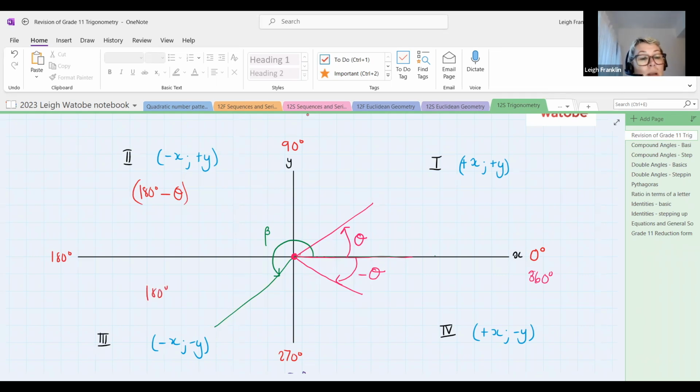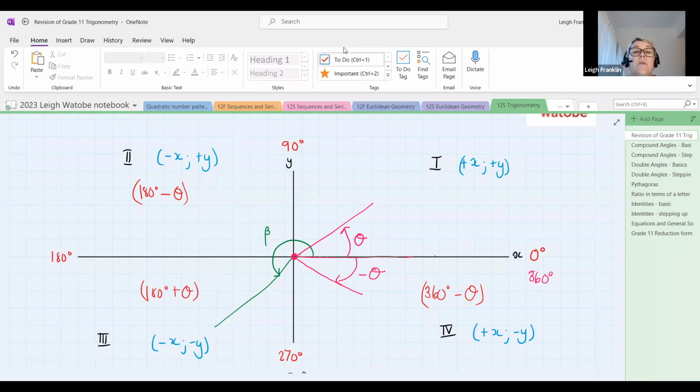Here, this would be 180 plus theta. That would be for quadrant 3. So in other words, our terminal arm goes 180 degrees in an anti-clockwise direction, and then theta degrees forward into the third quadrant. And when we are in the fourth quadrant, we use 360 minus theta. So in other words, the terminal arm has done a revolution, and then it's come backwards this way into the fourth quadrant, okay, and come to rest there.